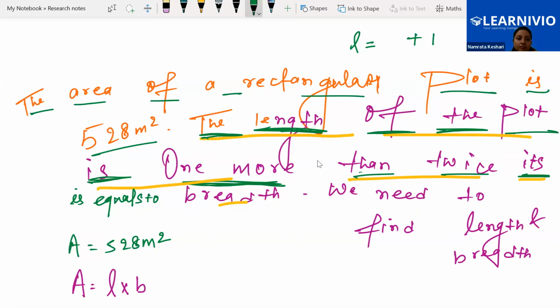Breadth is x, and length will be 2x plus 1, because it is clearly written that the length of the plot is one more than twice its breadth. Twice breadth means 2 times b, and one more than that is the length. We need to find length and breadth.